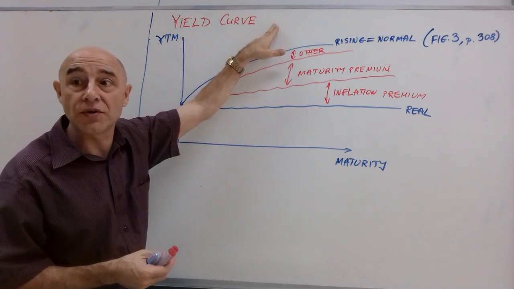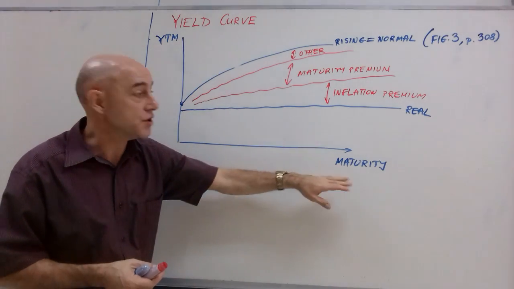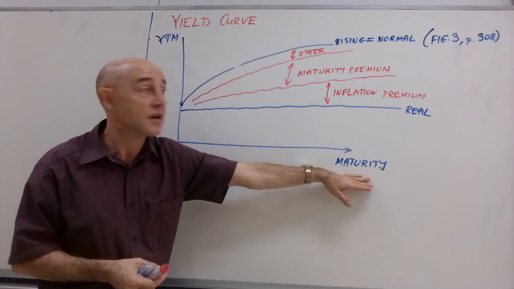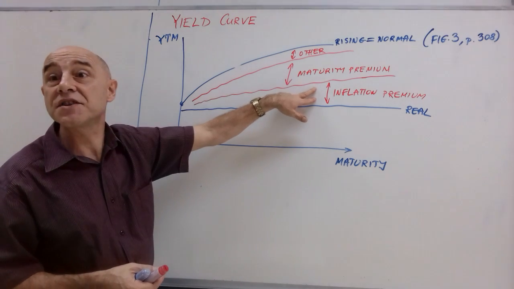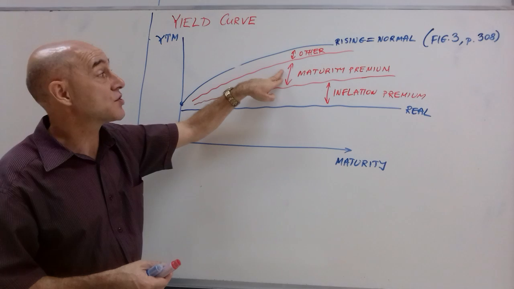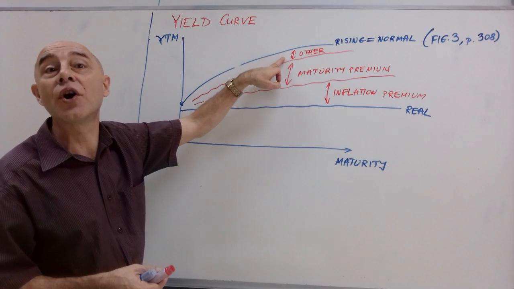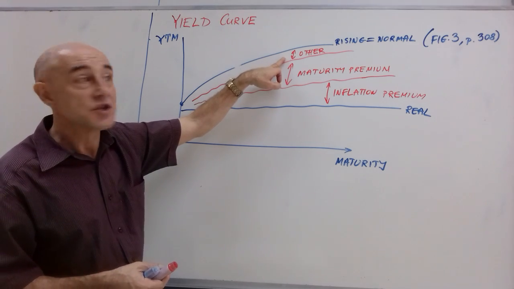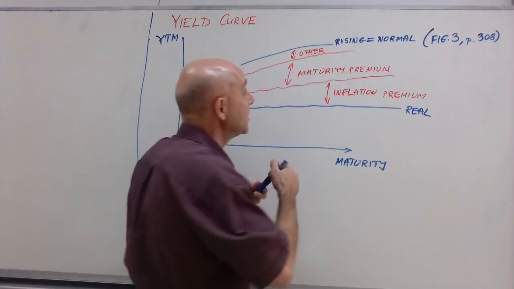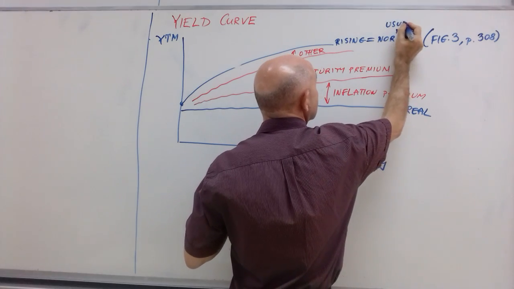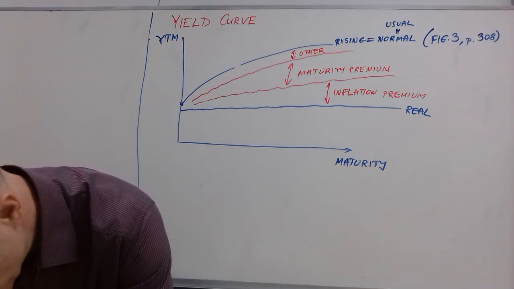Okay, for the same default risk. The only difference is in maturity. You only want to separate the maturity. But you got to incorporate longer time, longer maturity. We'll have an extra compensation for inflation, extra compensation for maturity, and possibly extra compensation for liquidity. So usually borrowing longer term, that's why I said usually normal is interest rates are higher. All right, let's see what else I got.